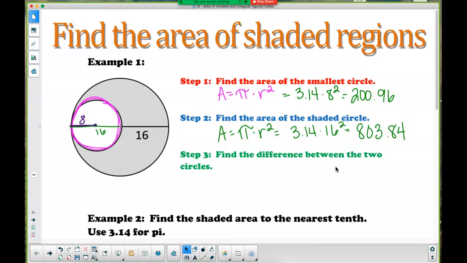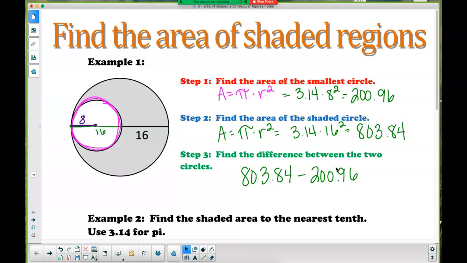Okay, the last thing we're going to do is we're going to subtract those 2 circles. I'm going to take the big circle, 803.84 minus 200.96. And at that point, I'm going to round to the nearest 10.